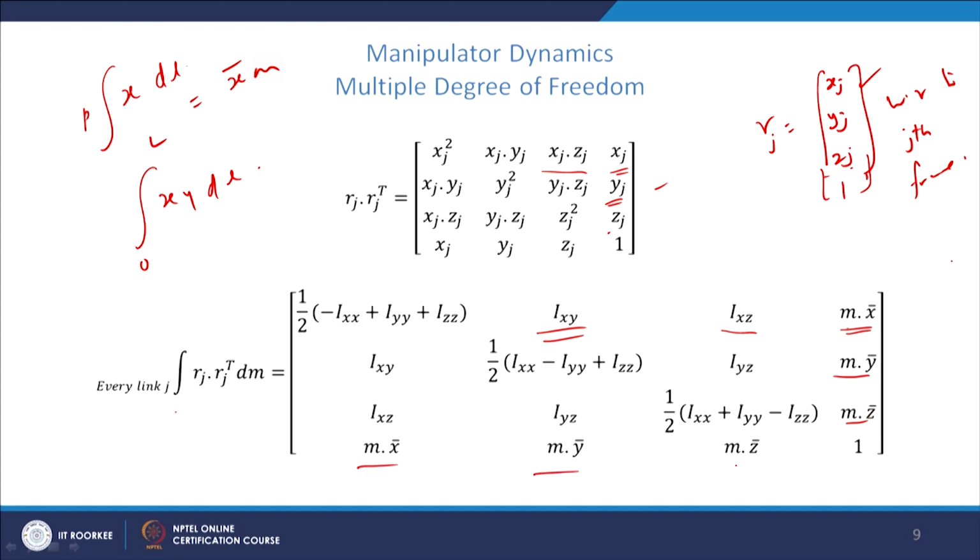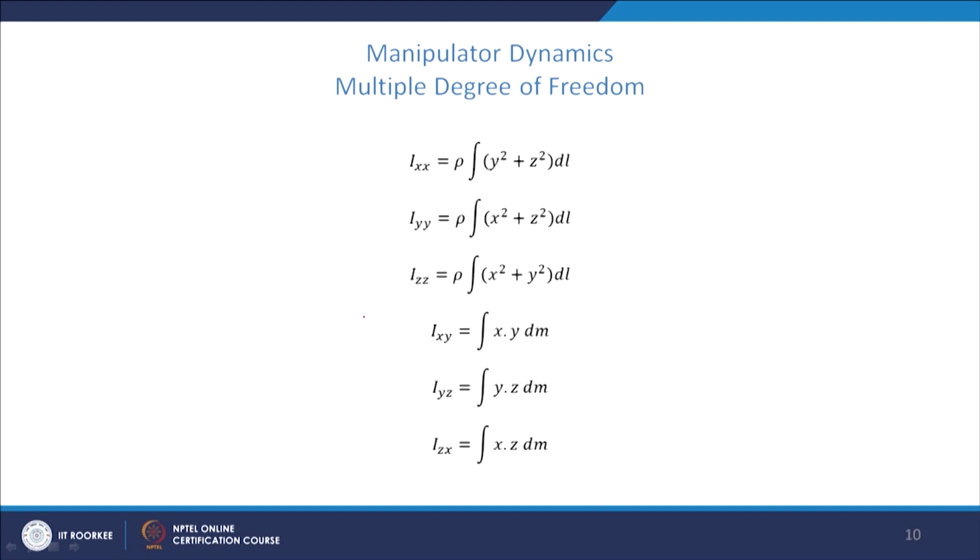So the same thing is repeated here, and here also we can easily see in the next slide that Ixx is nothing but the inertia with respect to the x axis. If you take any point P and drop a perpendicular to the x axis, this is nothing but y square plus z square.